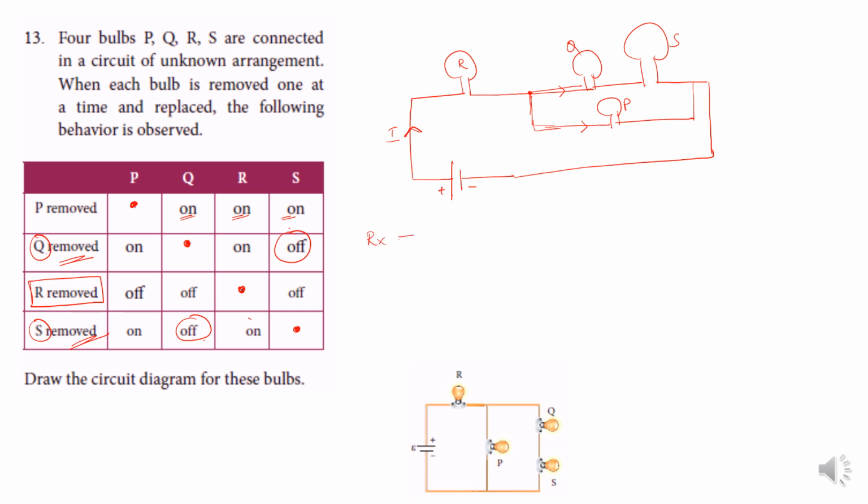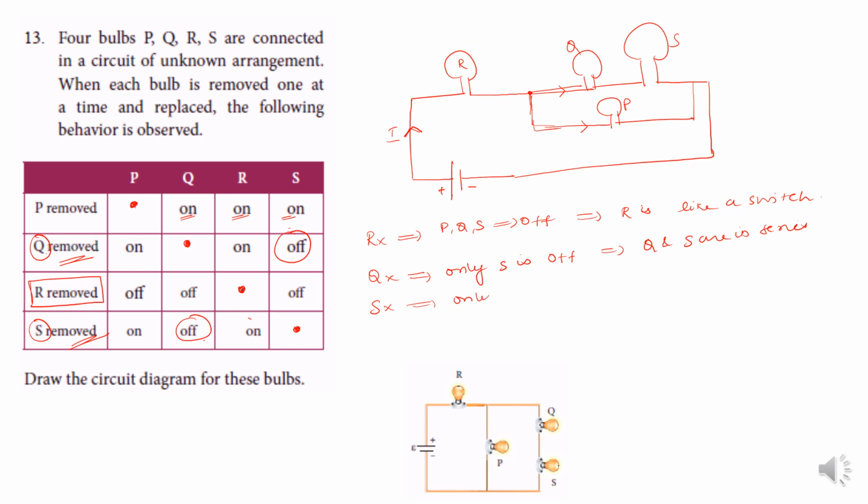When R is not there, P, Q, S are off. That means R is like a switch. When Q is not there, only S is off. That means Q and S are in series. When S is removed, only Q is off.